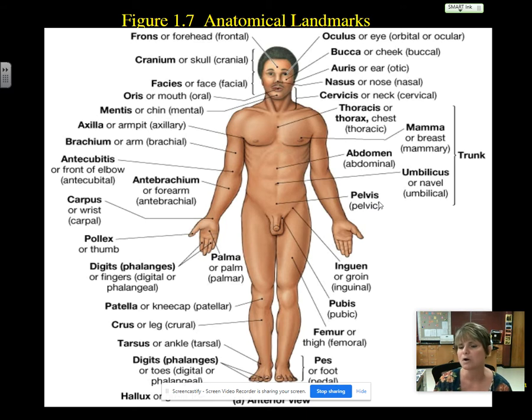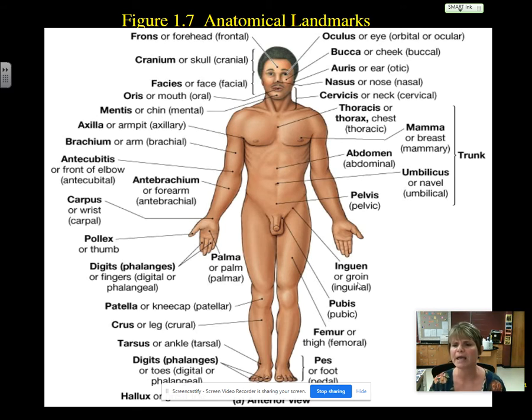So pelvis or coxal area or pelvic area, it's going to be referring to your hip as far as I'm concerned. Another one here we don't have a definition for, the pubis or pubic area. That is going to be your genital area. I think those are the only ones on this slide that don't have the definition with them.